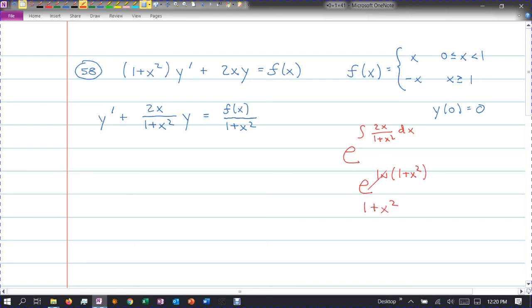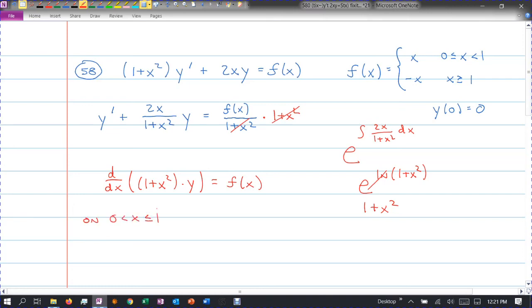And that's just 1 + x². Now we multiply both sides by this, and we know that the left side will become that integrating factor times y, and that must equal this side times the integrating factor. Great news, that's just our function of x. So I did this one a little differently. Let's look at it on the interval [0, 1).